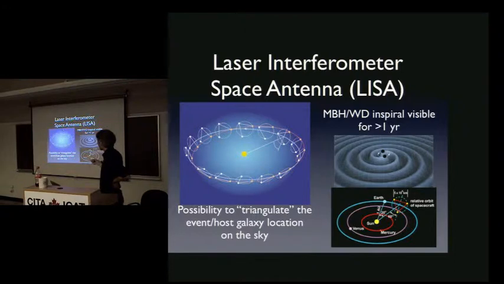During that time, the spacecraft is going around like this, and it's modulating the gravitational wave signal on the yearly time scale. The way you modulate depends on the location of the source on the sky. So there is effectively a way of using LISA to localize this event on the sky. That's one of the interesting features of the LISA observatory.